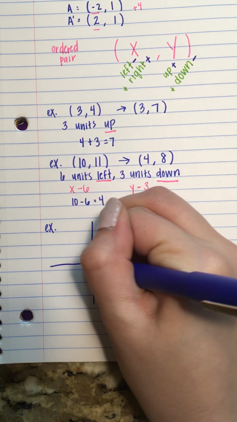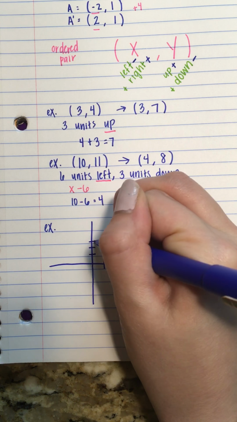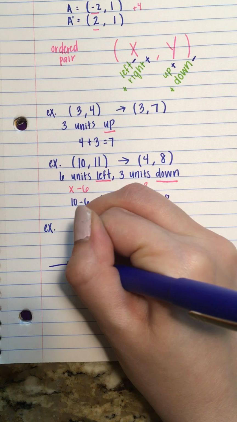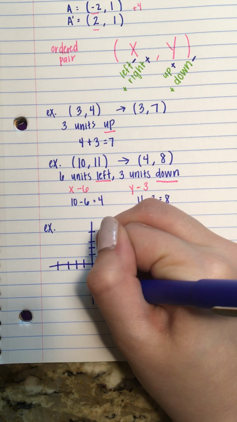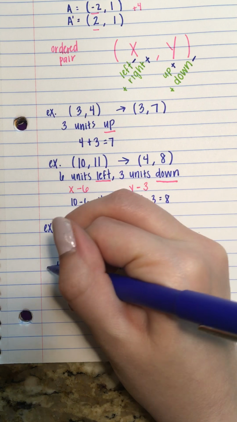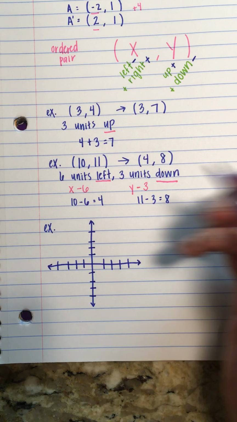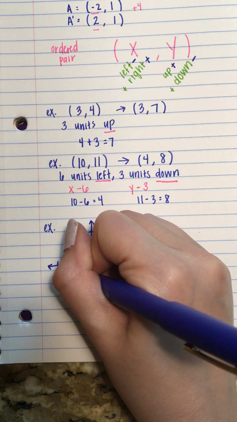Maybe we have a shape this time. And this will be what you'll see on the IXL. How about a triangle? Maybe it's down here.